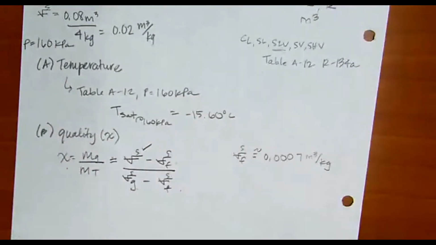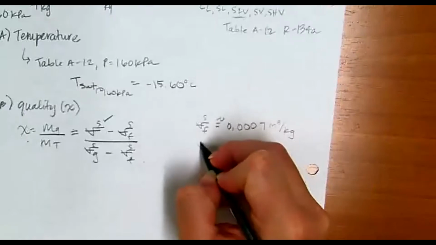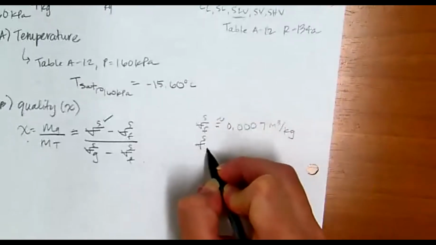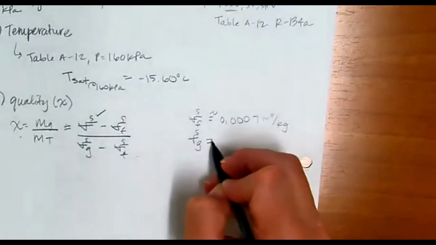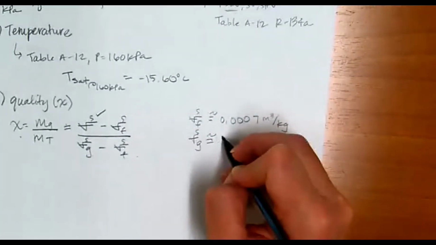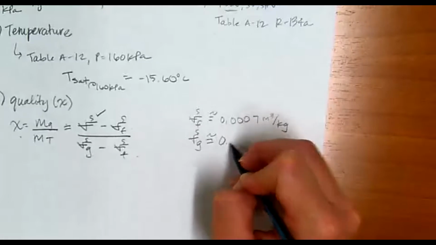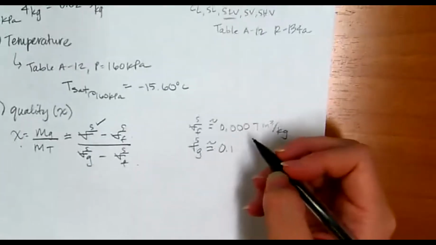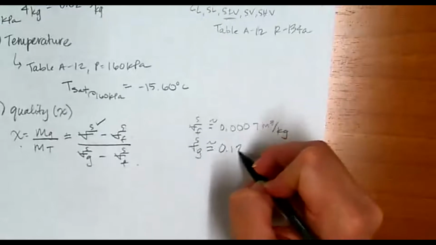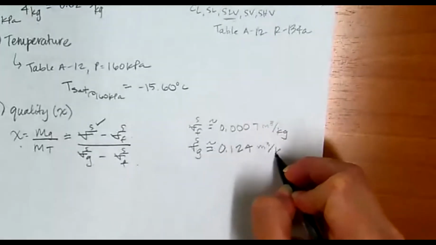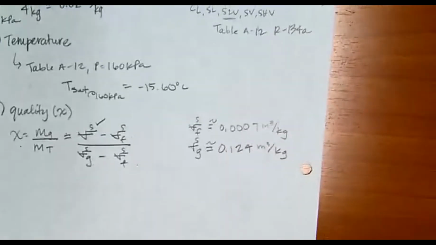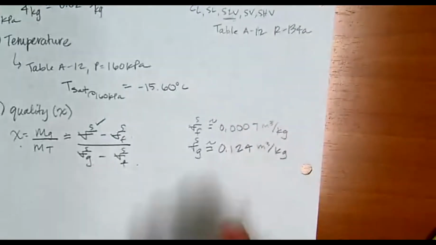These are updated. So our V sub G, our specific volume of our vapor, our gas, is about 0.124 cubic meter per kilogram from the table there.